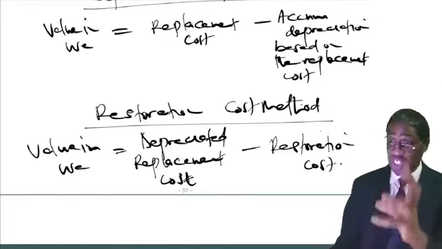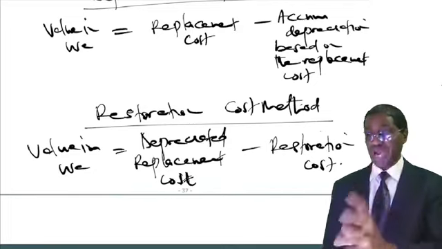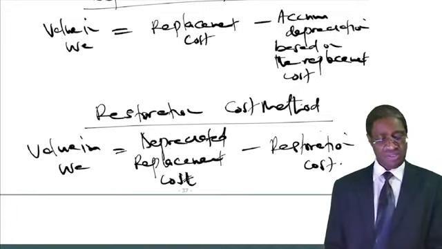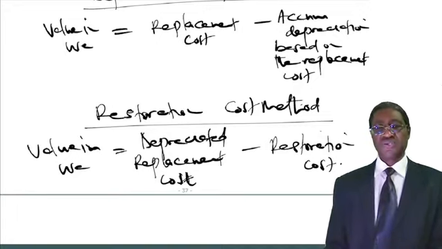Get the depreciated replacement cost minus the restoration cost. Good. That's method 2.